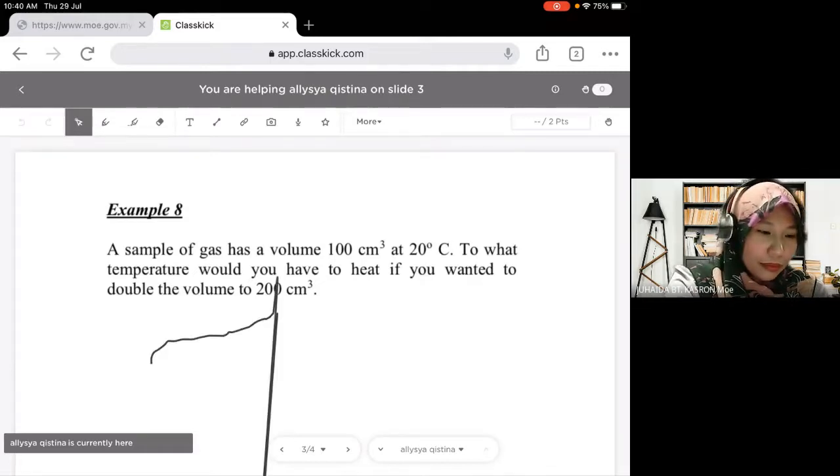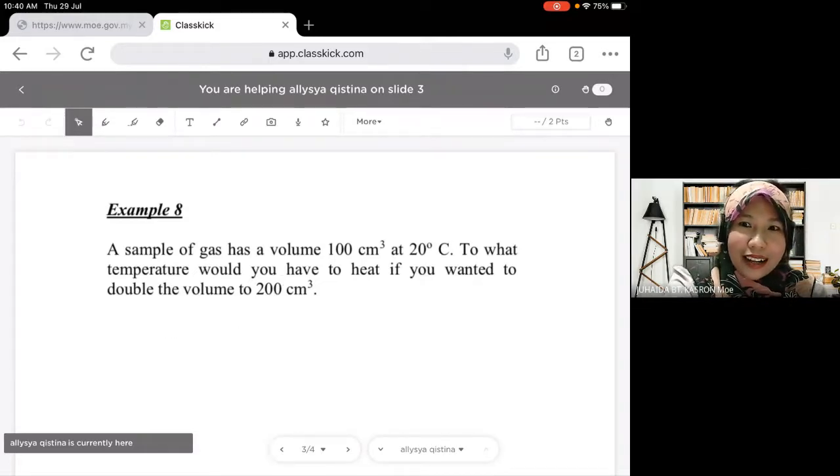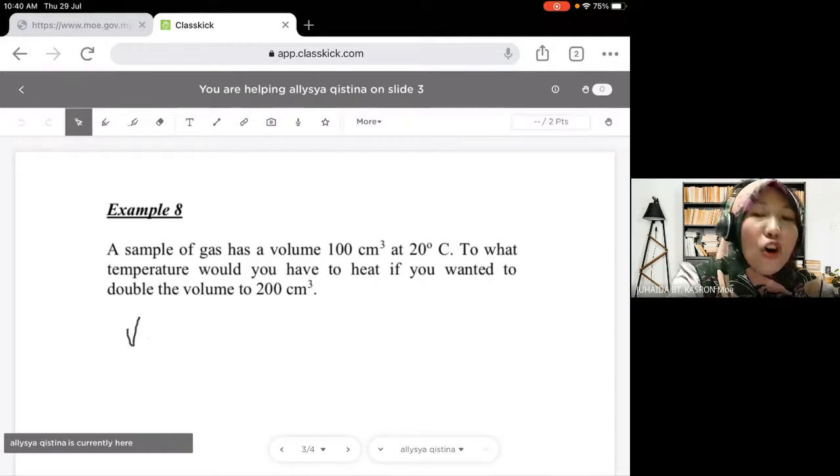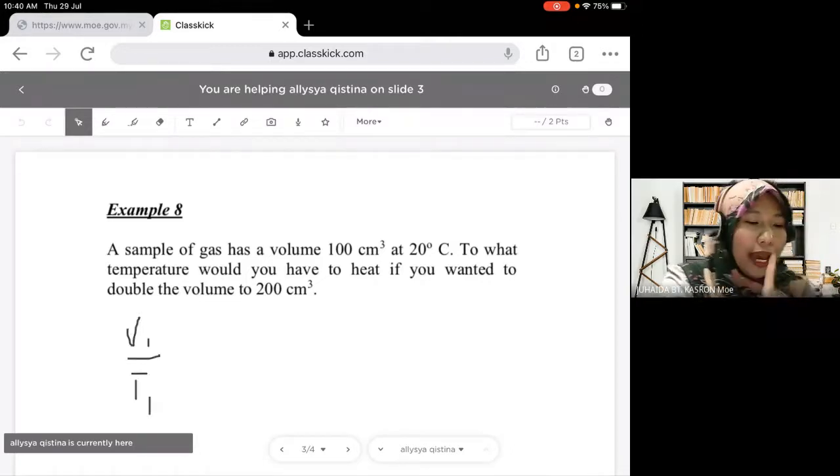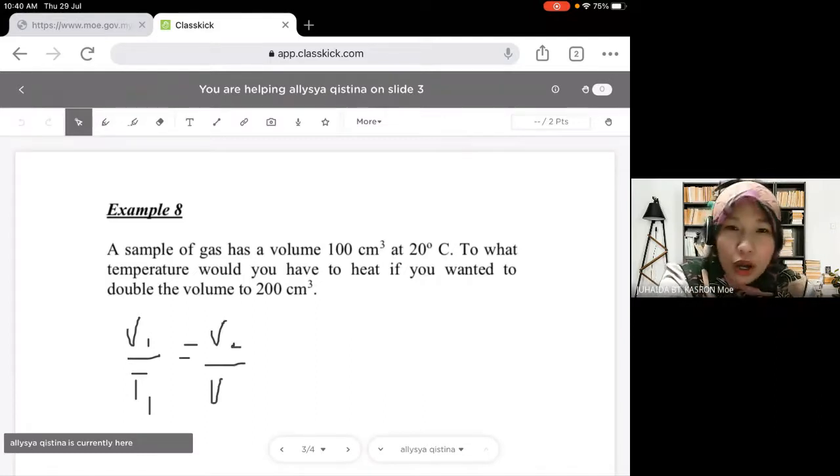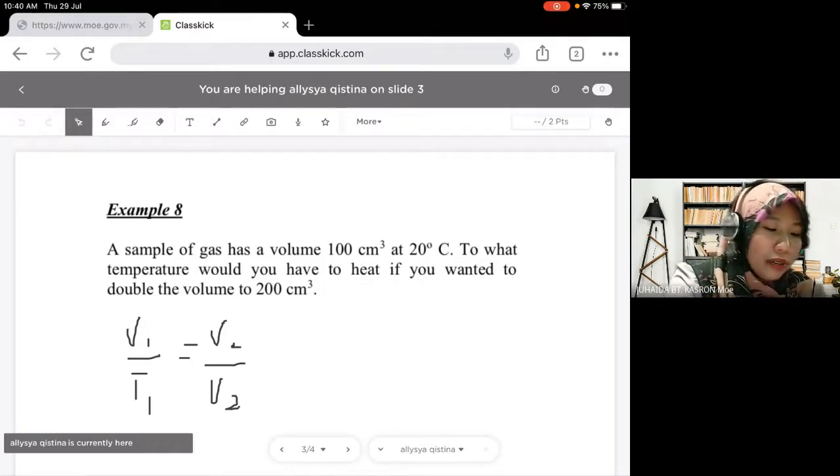What is that, Alicia? Okay, so example 8, a sample of gas has volume and the temperature. So we know that this is the Charles law because there is the volume, there is the temperature. So we use the formula V1 over T1 equal to V2 over T2.